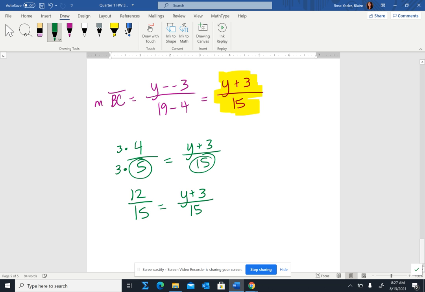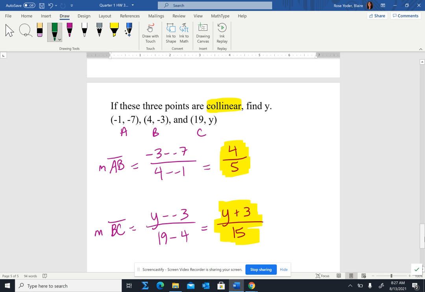And if you have two fractions with the same denominator, that means the numerators need to be equivalent to each other also if those two fractions are equal to each other. So I can just solve a really quick equation where I set the numerators equal. And to solve for y, either you know what plus 3 equals 12, or we can do a quick little algebraic step to get y equals 9. So that's our final answer.